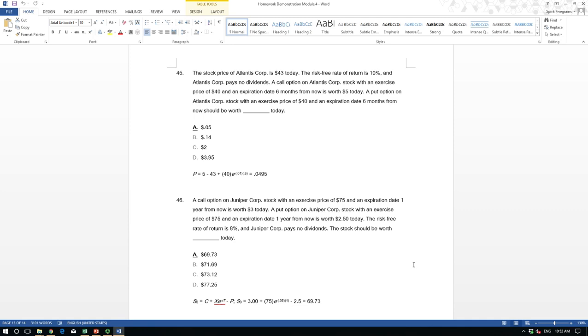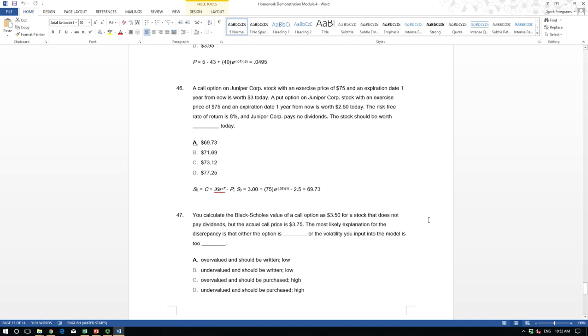So here it's a similar question. You utilize put-call parity, right? You know the call option price, stock price, exercise price, and also you know how to calculate its present value. So it will give you 5 cents as the value of that put option.